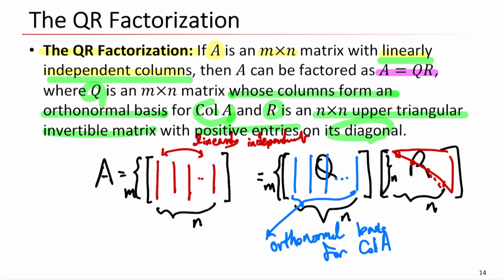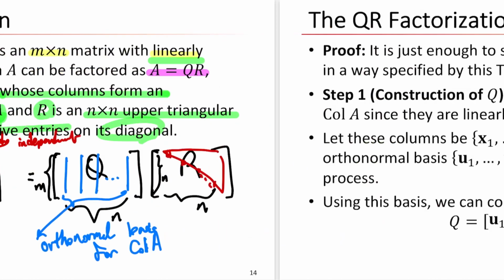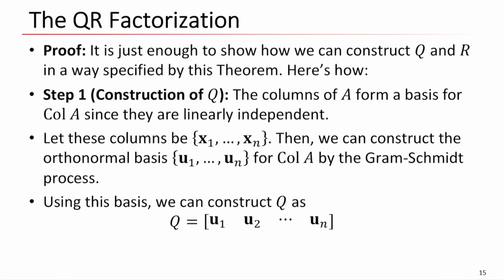So let's prove this one, and let's think about the properties of the matrix Q and matrix R. Okay, so let's start. It is just enough to show how we can construct the Q and R in a way that satisfies this theorem.